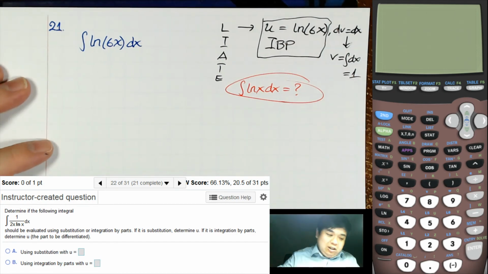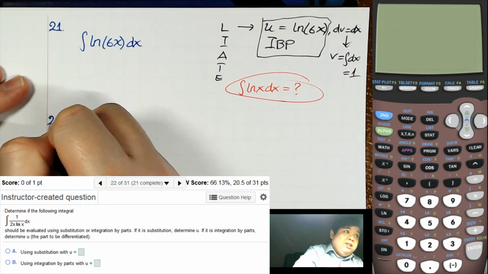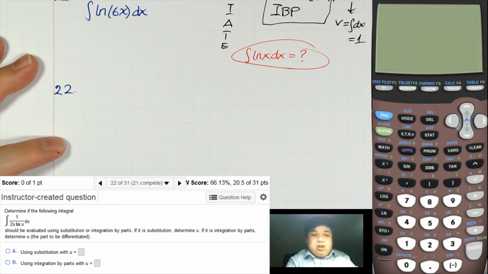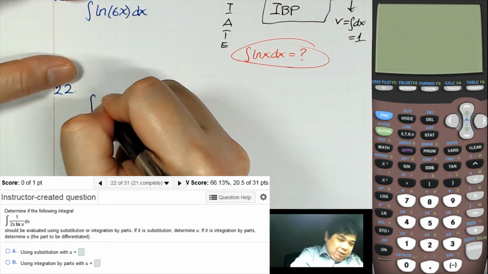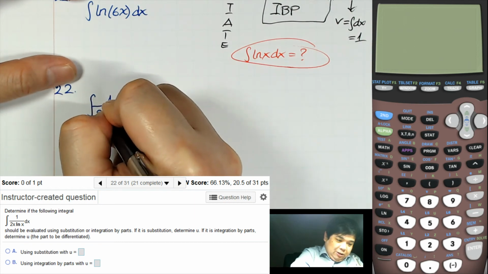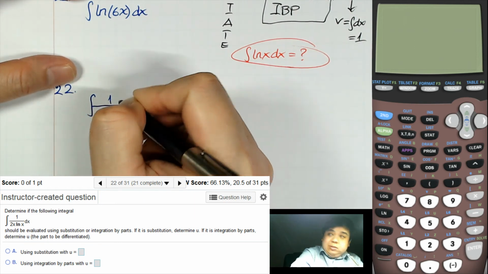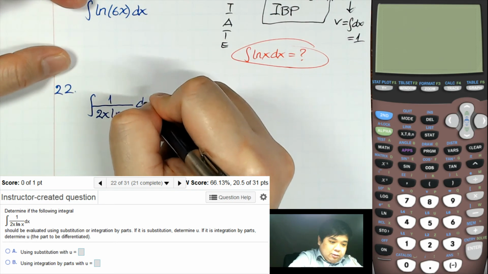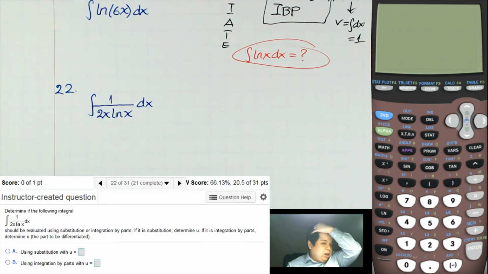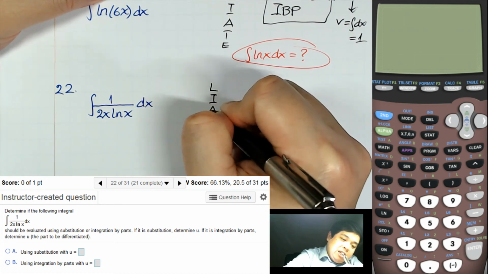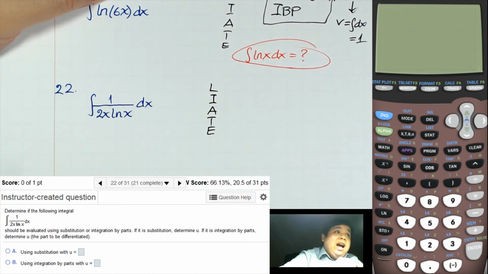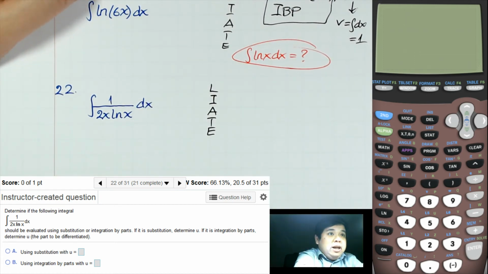The next one. Right, so again, integration by parts, LIATE, and this is a log, so that certainly works.